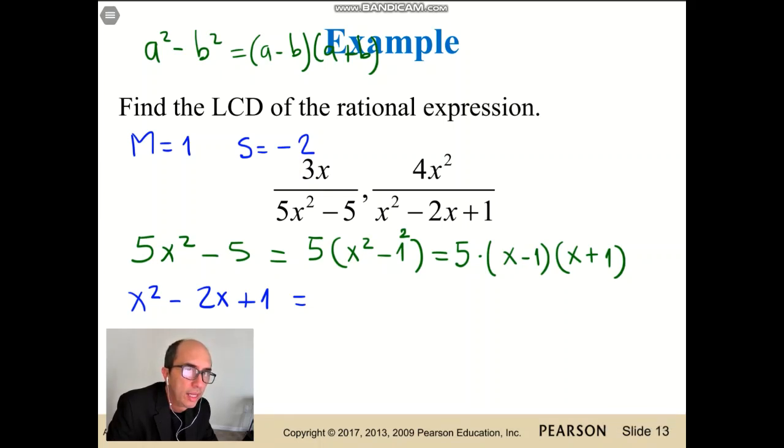And I can think about these two numbers kind of easily, -1 and -1, because if you multiply -1 and -1 it is 1, and if you add them, -2. So that means x minus 1 squared.